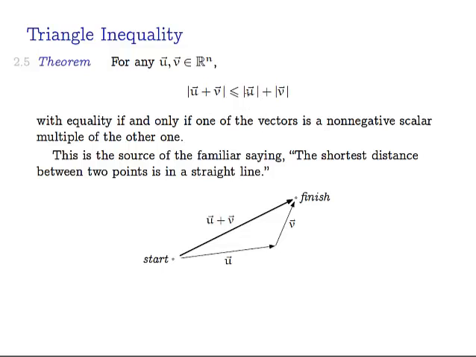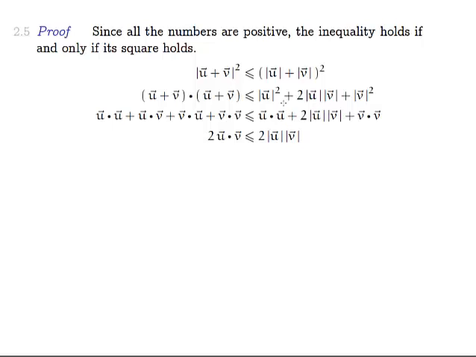Now both of these numbers are positive. So this will be less than or equal to this if and only if the square of this is less than or equal to the square of that. So let's run with that. I took the squares of both sides of the inequality. Remember that the length squared of the sum of 2 vectors is just the dot product of the sum with itself.